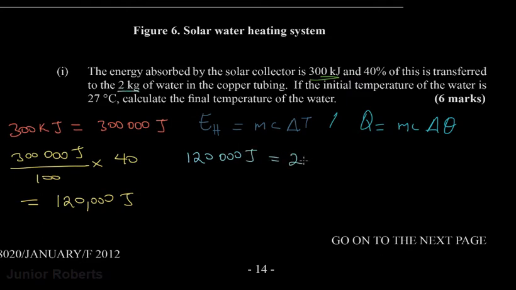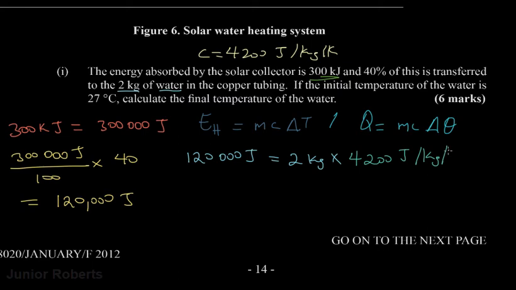So we're going to say 2 kilograms multiplied by, since we're talking about water, the specific heat capacity of water, which is 4,200 joule per kilogram per Kelvin.